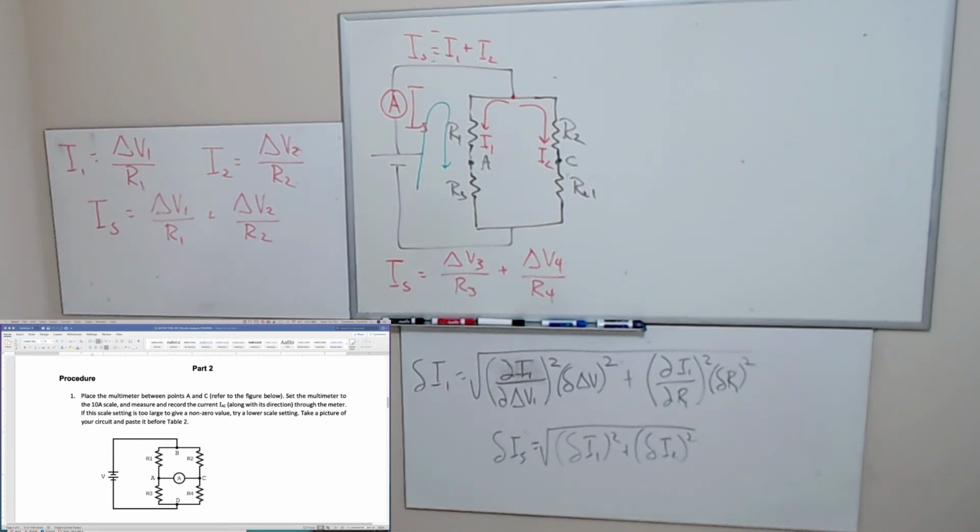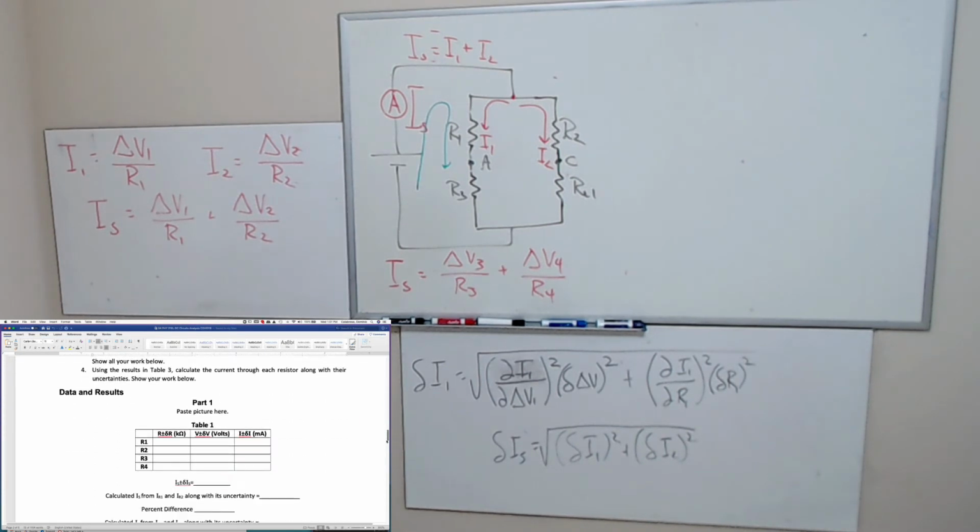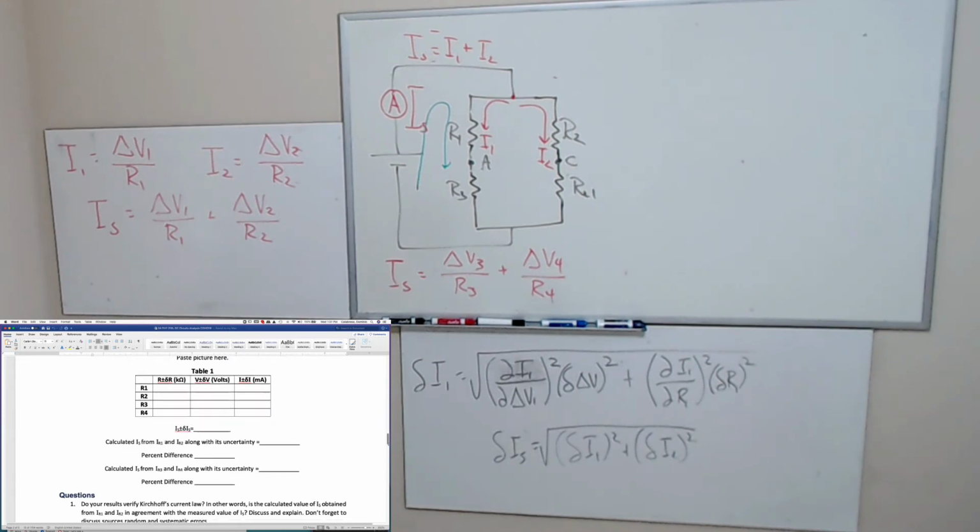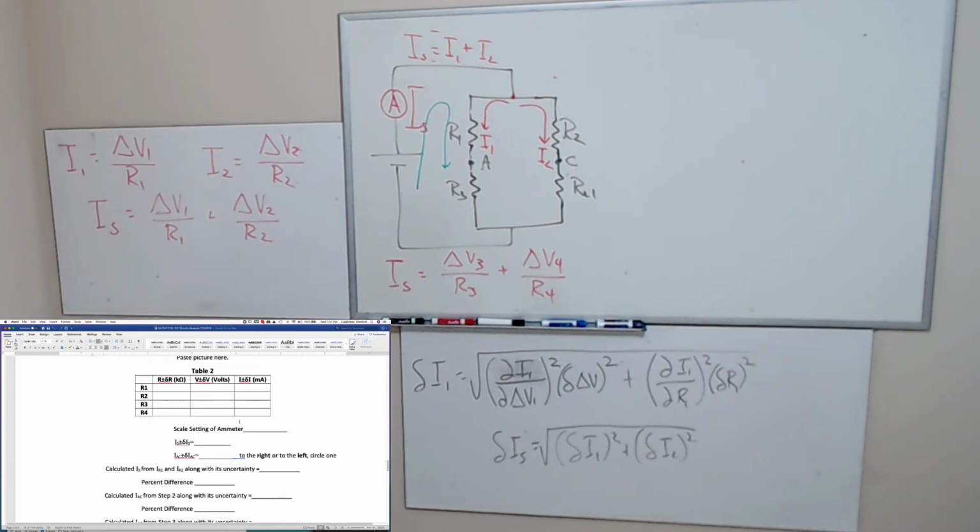And in fact, I'm going to have you do part 2 twice. I'm going to have you do it at, hold on a second, 2 different ammeter settings. One ammeter setting, basically the highest current setting you can. If you can do the 10 amp scale, then do the 10 amp scale, but I doubt you can.